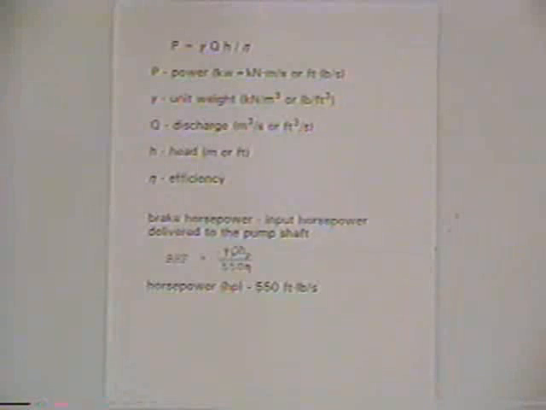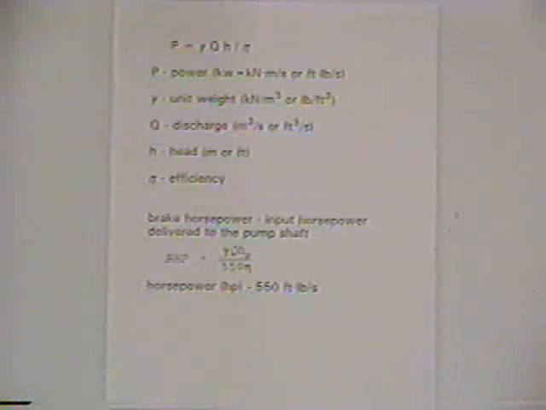I did leave out a term earlier in that we just wrote the power equation, but actually when we're talking about pumps or turbines, hydraulic machinery that we deal with in fluid mechanics, in which we're converting between electrical and hydraulic energy, there's never a perfect conversion. There's always an efficiency involved. And I've written the power equation here in terms of pumps now.